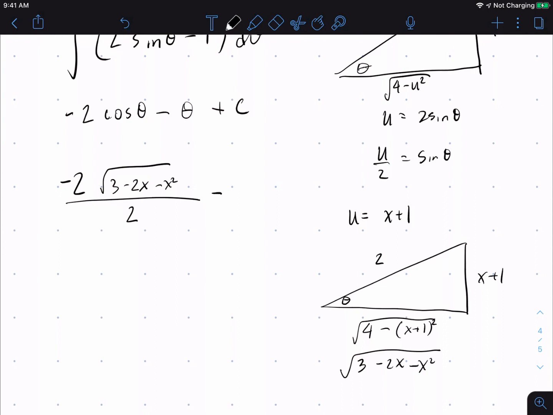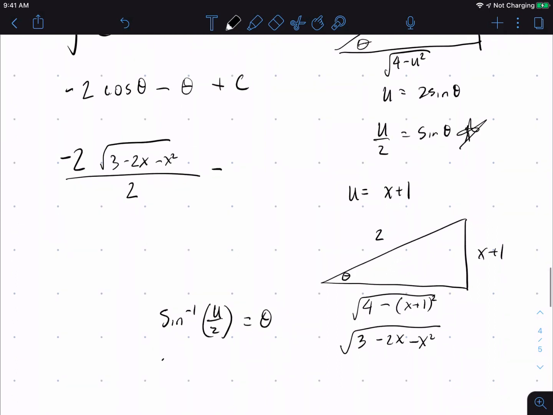And so theta would have come from here. So I've got to manipulate this. I'm going to get sine inverse of u over 2 is theta. But isn't that sine inverse of x plus 1 over 2 is my theta? Correct? Correct.